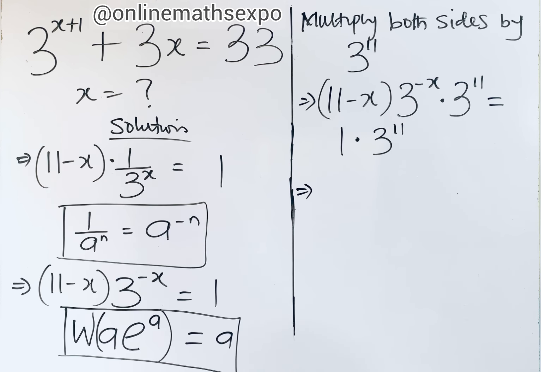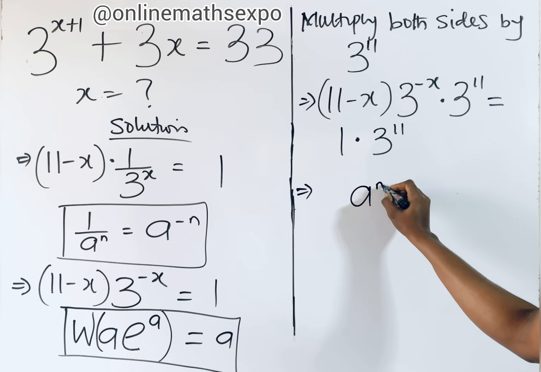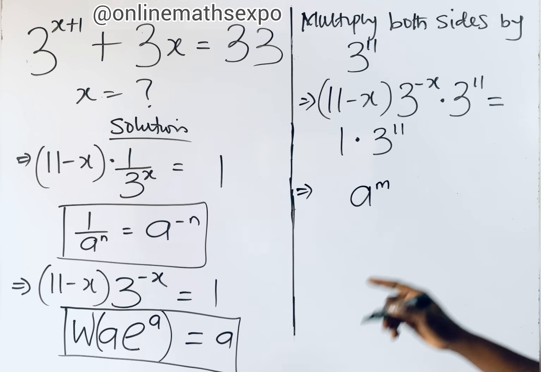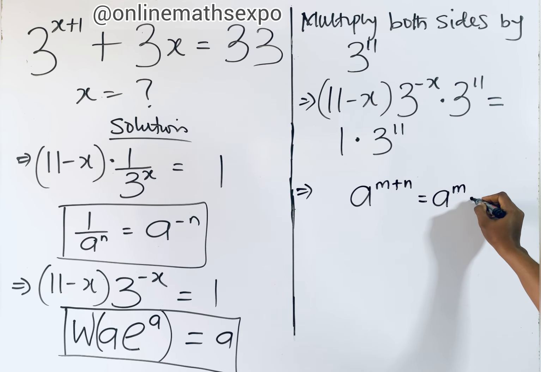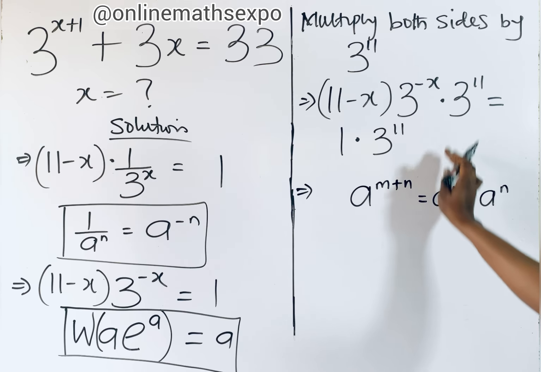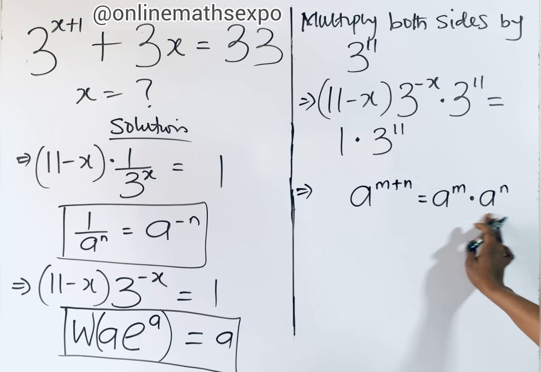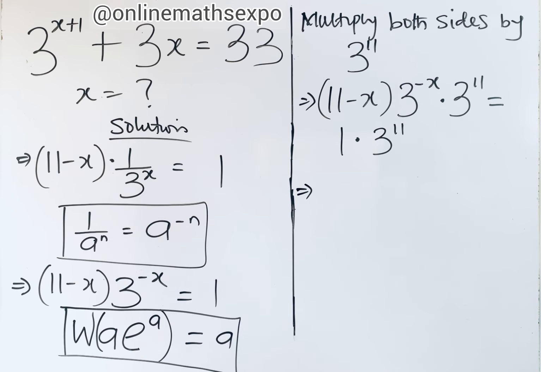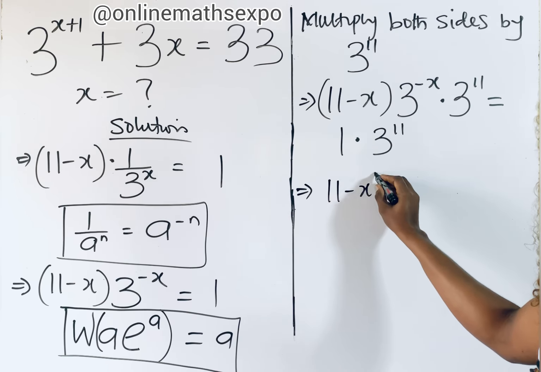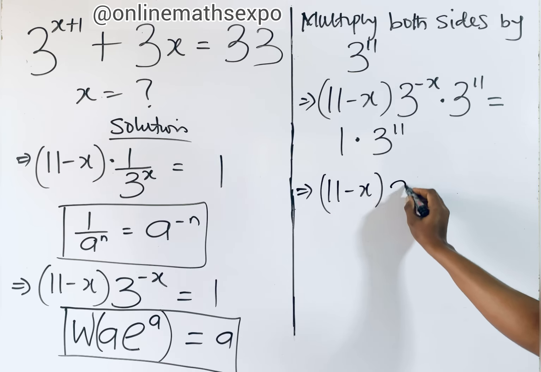Also remember, for every a to the power of m plus n, it is equal to a to the power of m multiplied by a to the power of n. So you see that this is of this form. We are going to put this into this form. Okay, so we are going to add the powers. So in that case, we are going to have it as 11 minus x multiplied by 3.